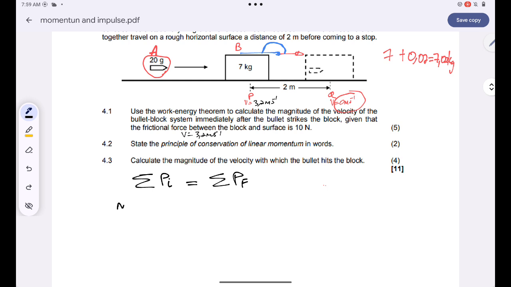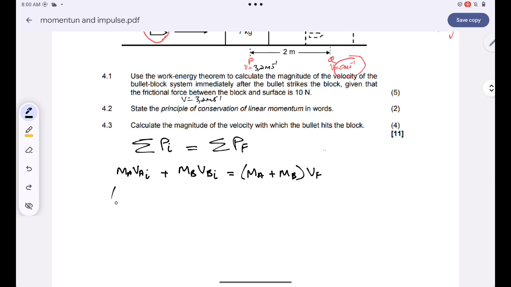So it will be the mass of object A multiplied by the velocity of object A initially plus the mass of object B multiplied by the velocity of object B initially. And then after collision, both objects A and B move as one unit. So I'm just going to say the mass of object A plus the mass of object B multiplied by their velocity.